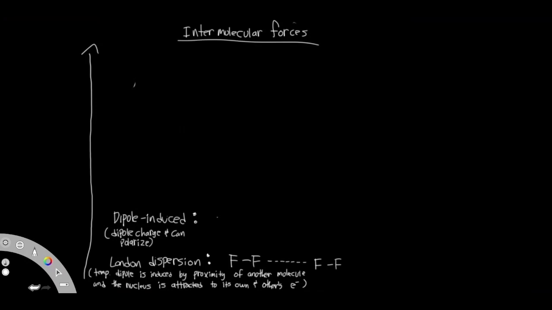So an example of this one would be, let's say, oxygen gas, and we have H2O over here. This side is going to be slightly negative, and this side is going to be slightly positive. This side is going to be slightly positive as well.